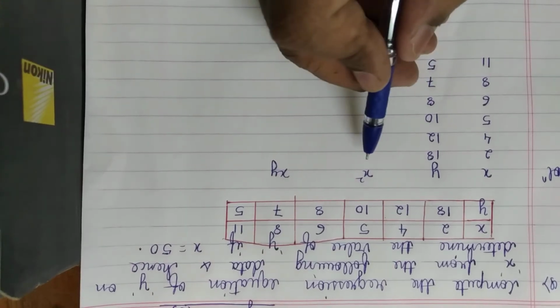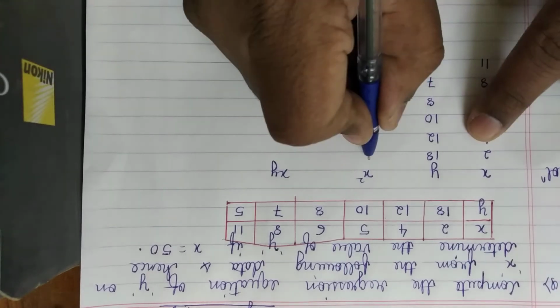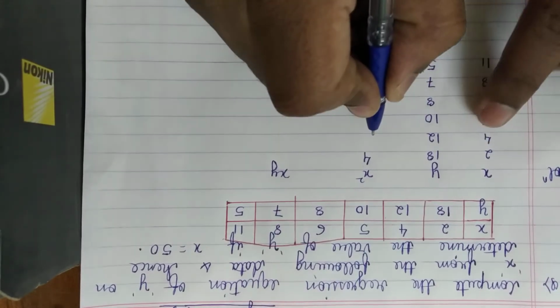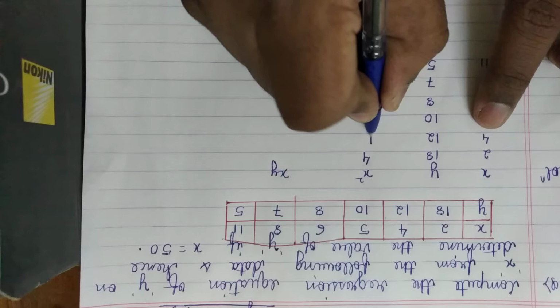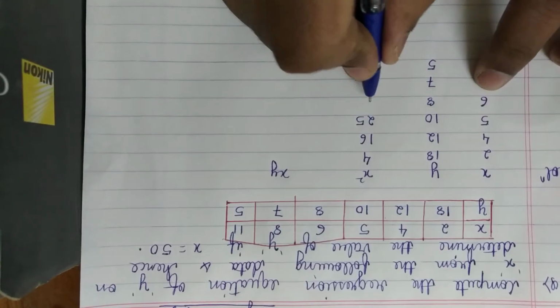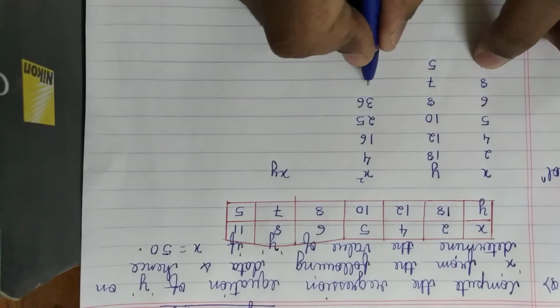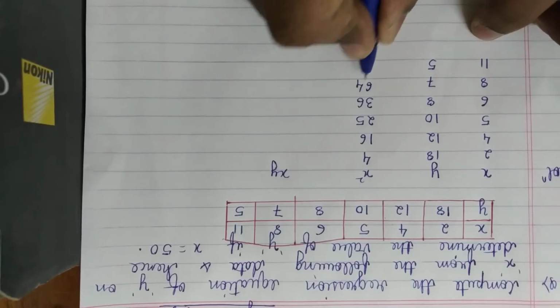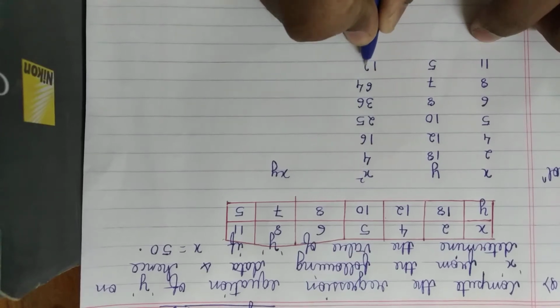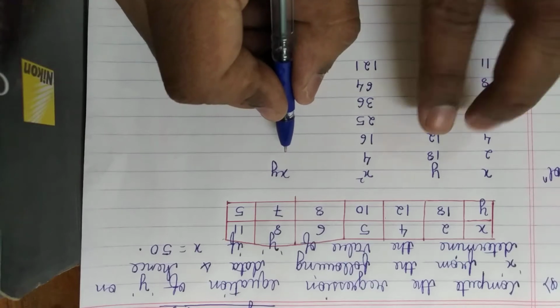X square is x into x, that is x is 2, 2 into 2 is 4, 4 into 4 is 16, 5 into 5 is 25, 6 into 6 is 36, 8 into 8 is 64, 11 into 11 is 121. Similarly, now find x into y.